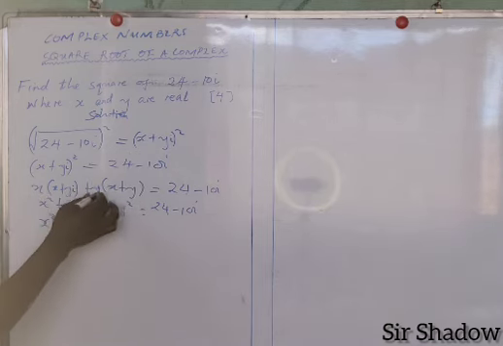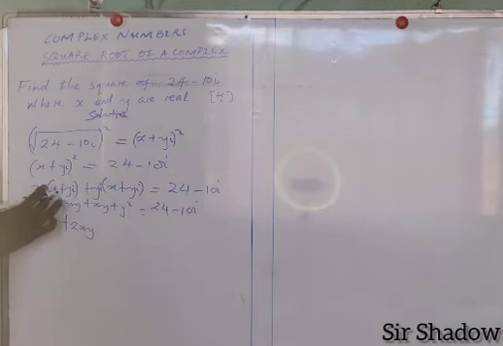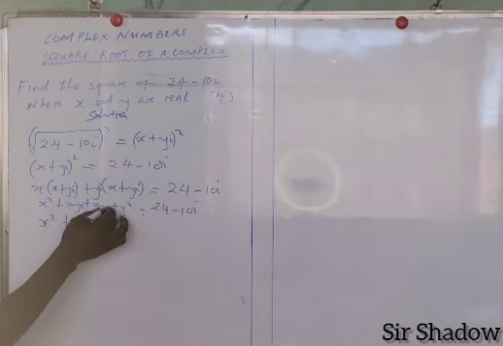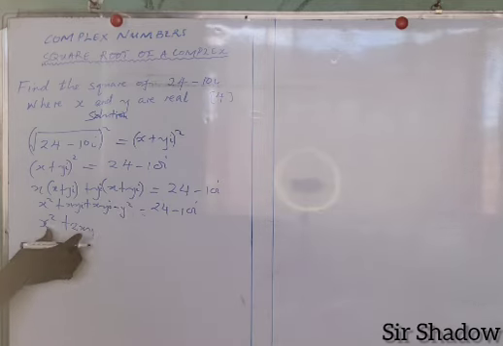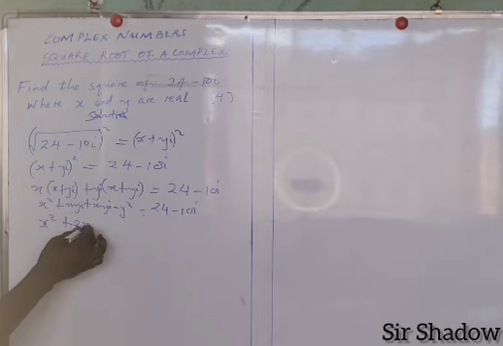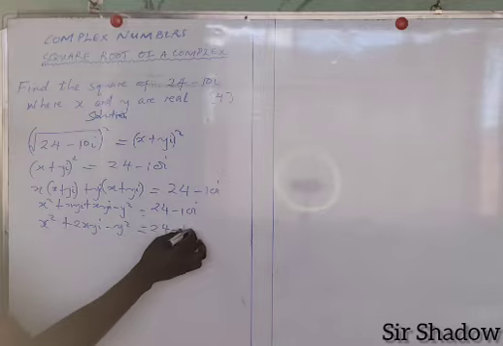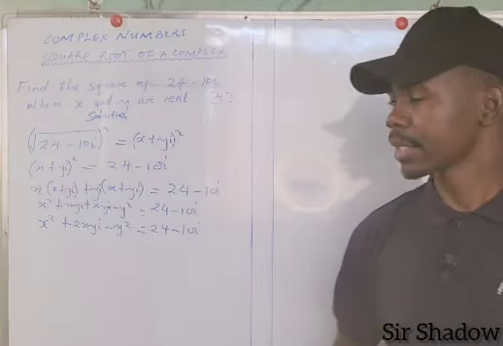Expanding this, this one by this one, this one by this one, i squared becomes negative here. Then we have plus 2xyi, then minus y squared is equal to 24 minus 10i. Remember, we want to find the square root of 24 minus 10i.